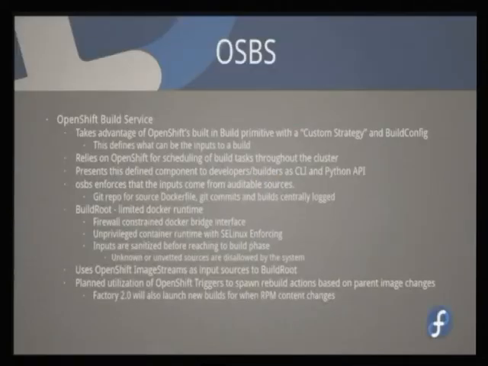So, the layered image build service, OSBS, the OpenShift build service. The OpenShift build service is actually a loosely coupled set of components. The main one is the OSBS client. The OSBS client takes advantage of the OpenShift build pipeline by creating a custom build strategy.